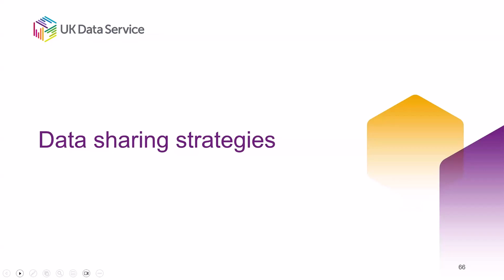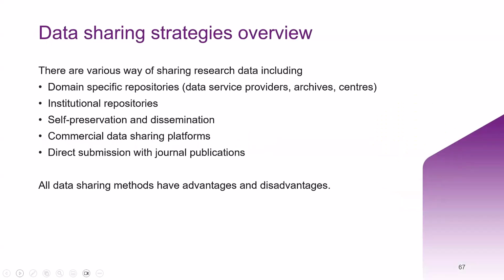Now, very briefly on data sharing strategies, there are various ways, and we're here to only guide. You can use domain-specific repositories. It is usually best practice to use domain-specific repositories because they are going to provide the metadata schema that is best for your data collection in terms of discoverability.